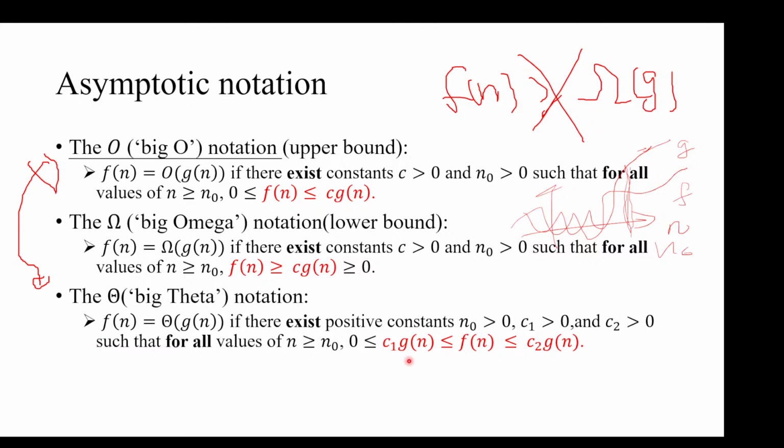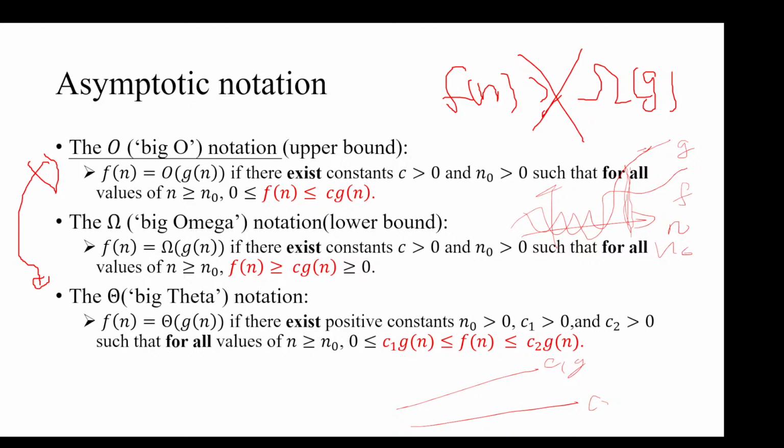It means that it's bounded between two different constants, C1 and C2, such that f of n is greater than or equal to C1 g but less than or equal to C2 g. So the idea is that as n goes to infinity, you have some C1 g and you have some C2 g.